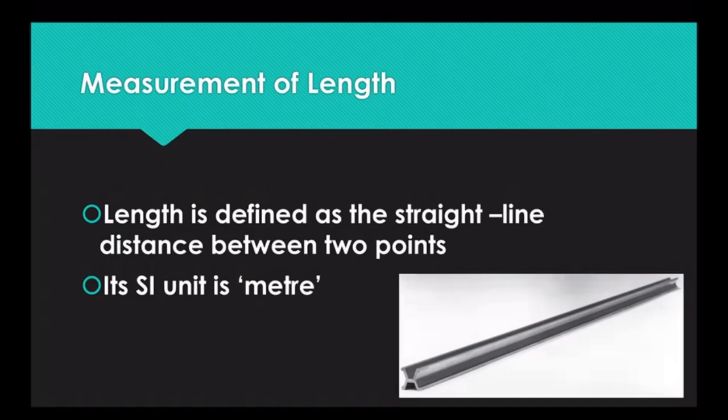So the standard for length is the standard meter, which is the distance between 2 marks or 2 points on a platinum iridium bar kept at 0 degrees Celsius at the International Bureau of Weights and Measures at Sèvres near Paris in France.